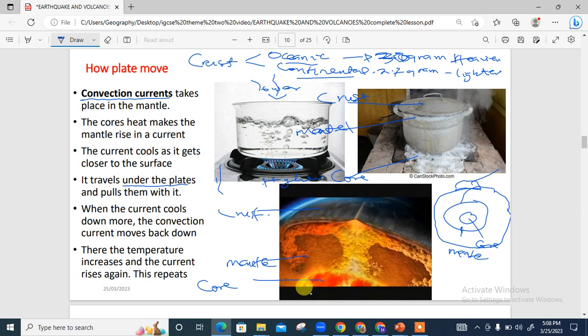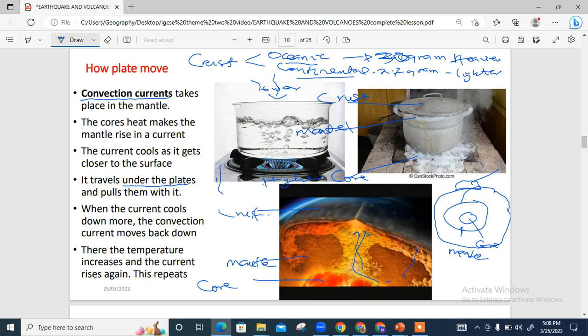As heat from the mantle hits the content, it moves to the surface, cools, comes down, gets heated again. When the current cools down more, the convection current moves back down, the temperature increases, the current rises again, and this repeats.